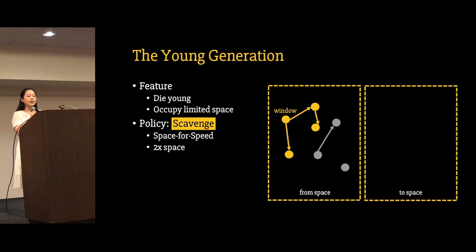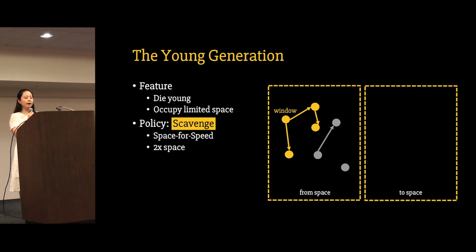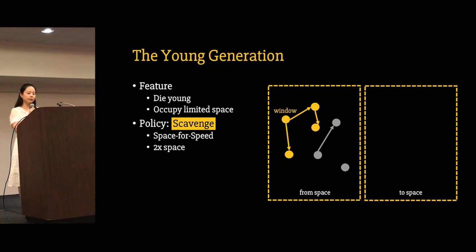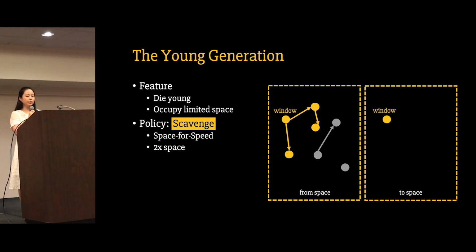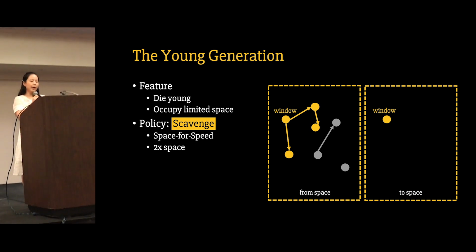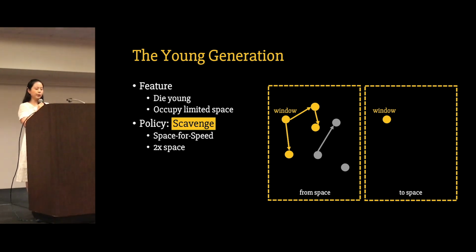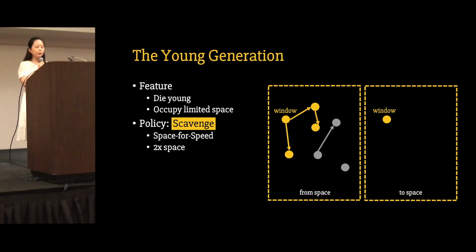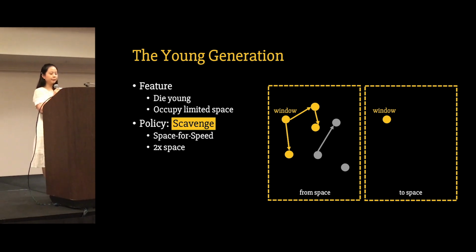As we said, the young generation dies young and occupies limited space. So V8 uses a space for speed policy to reduce the GC time. In each moment, there is always an extra space reserved for the young generation. When there is no space for new allocation and we need to do the GC job, it copies the root node, which is the window, to the new space called toSpace.